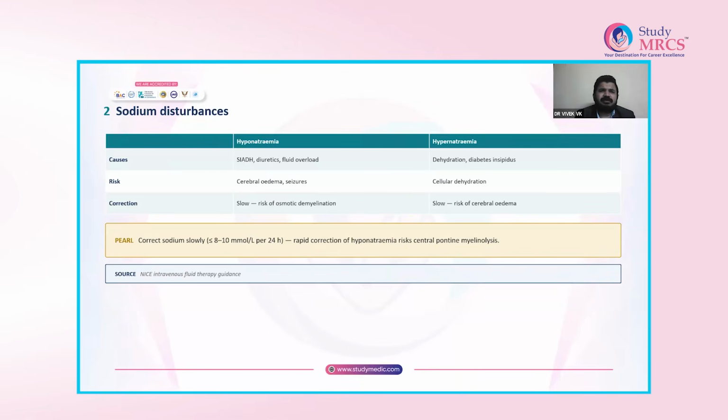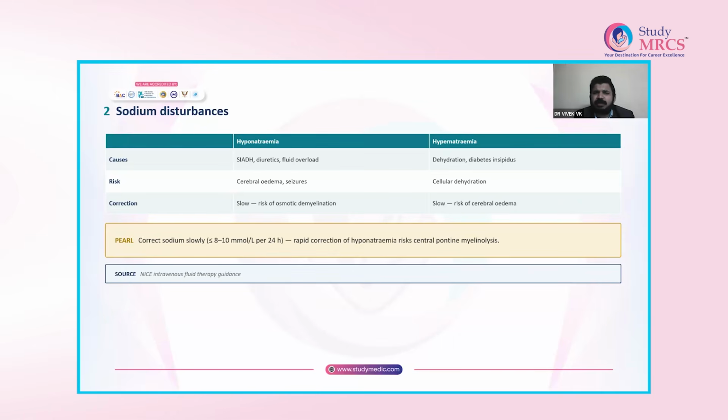For hyponatremia, the causes include SIADH (ADH secretion), excessive use of diuretics, and fluid overload. The patient with hyponatremia is at risk of developing cerebral edema and seizures.